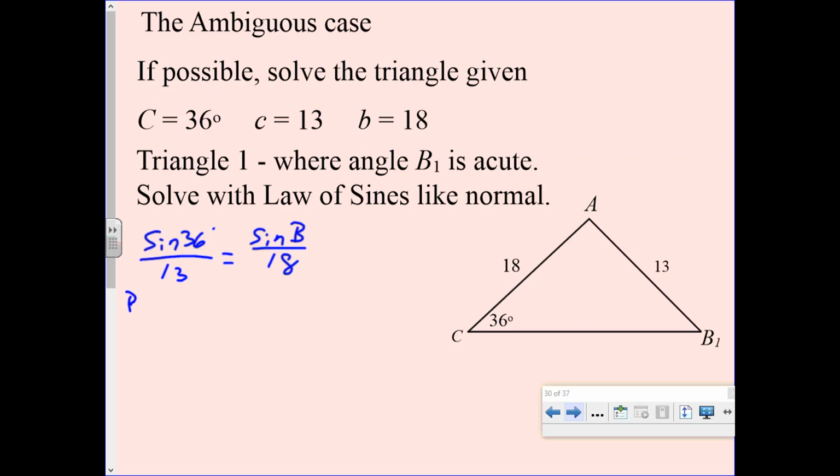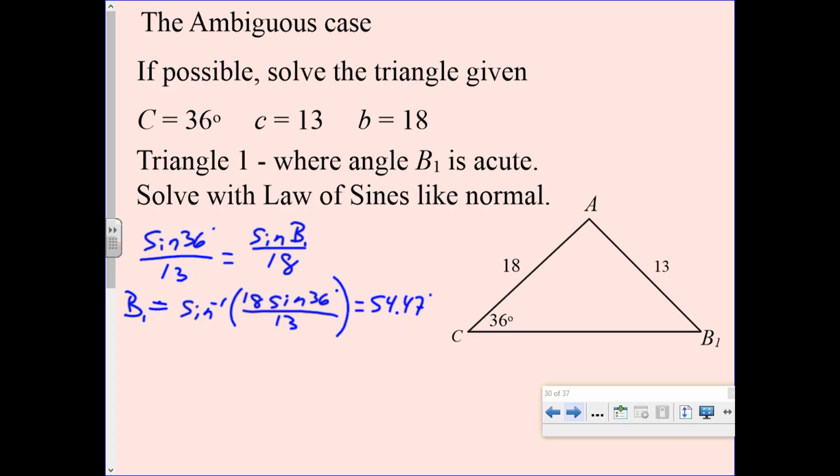So angle B1 is going to be the inverse sine of 18 sine 36 divided by 13. And again, make sure we get our answer in degrees. Put that in your calculator and you should get 54.47 degrees.